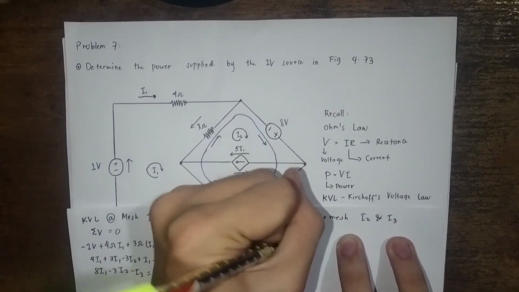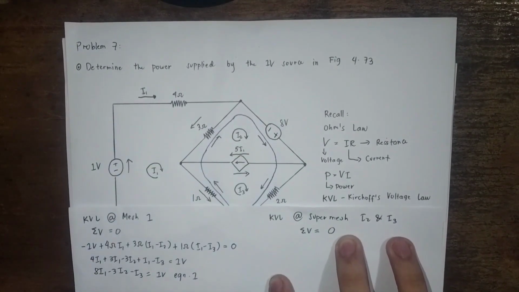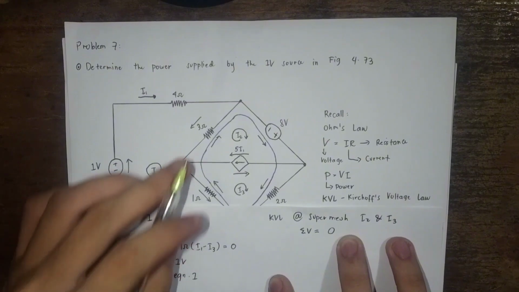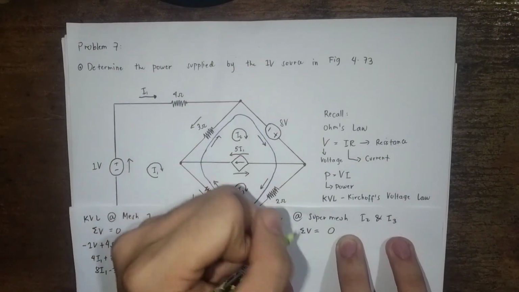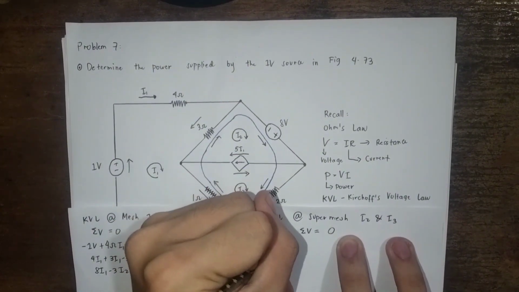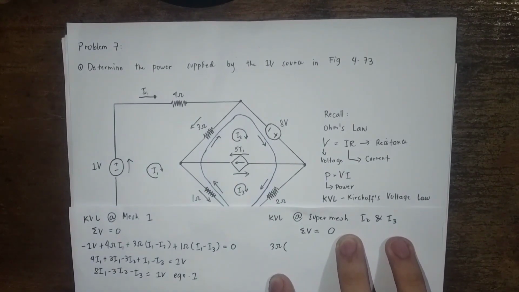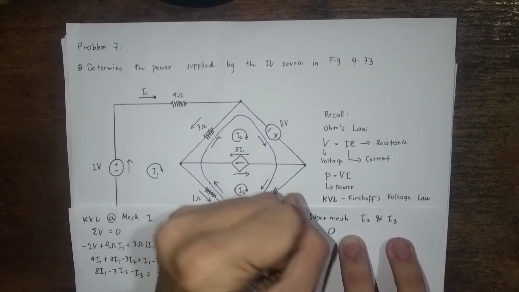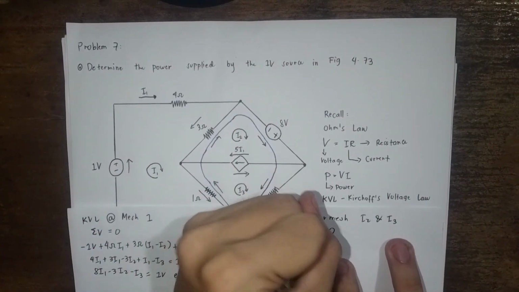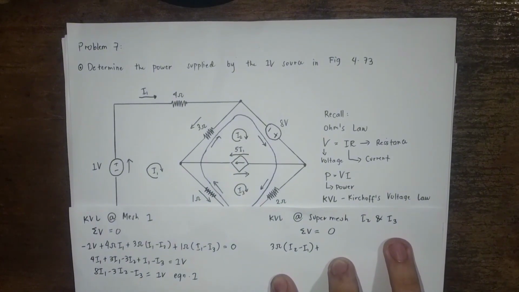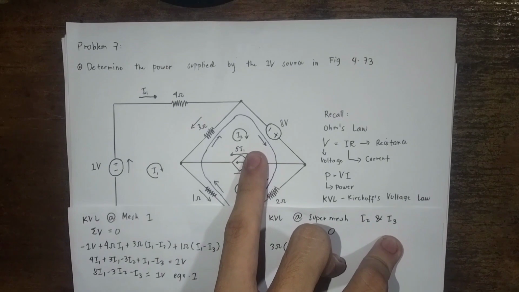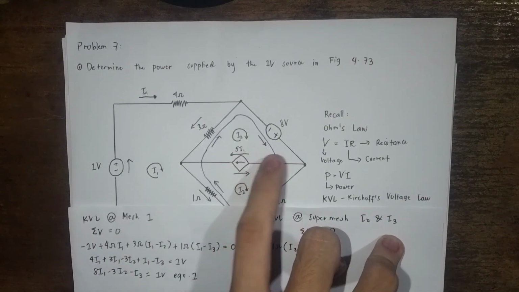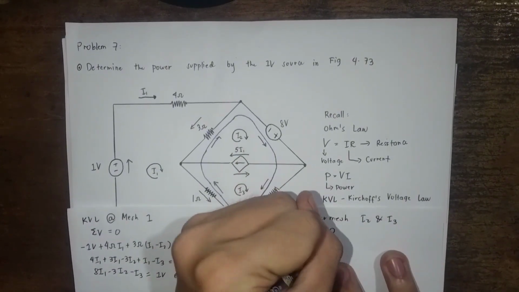The summation of all voltages is equal to 0. I start with the 3 ohms. With respect to I2, I2 is positive, so I2 minus I1. Plus, the arrow first passes through the negative terminal, so negative 8 volts.